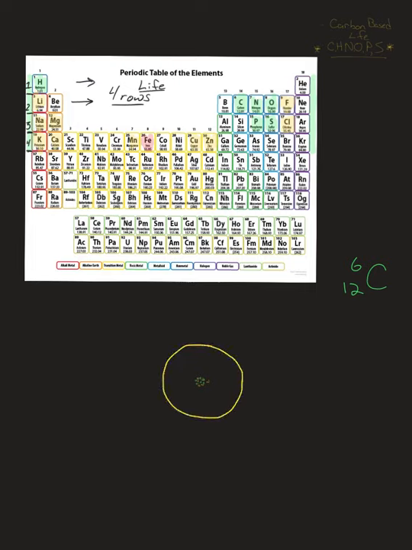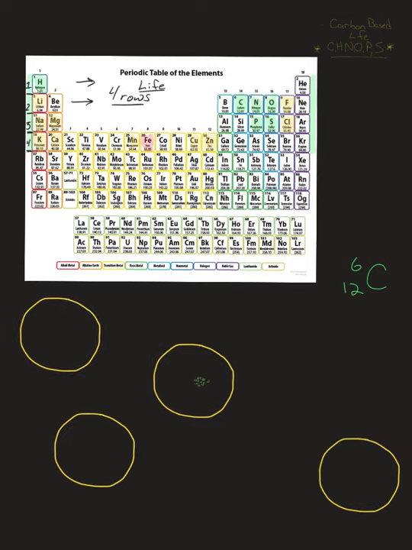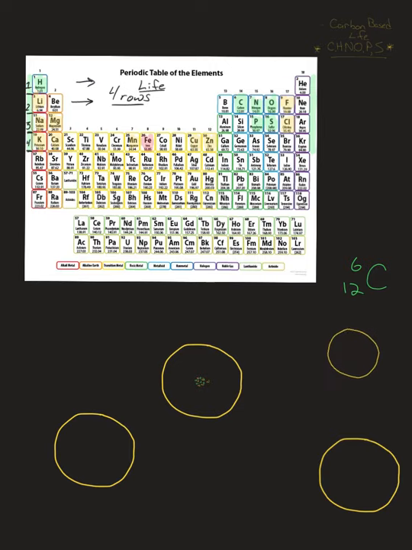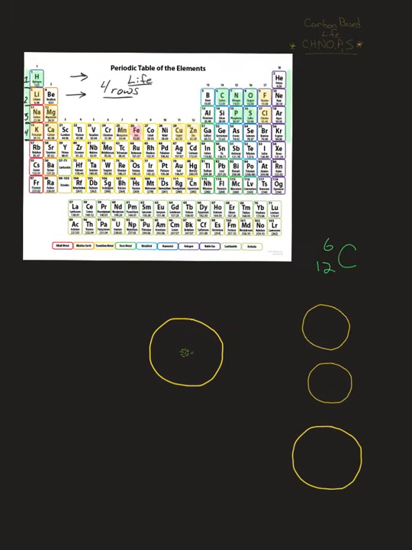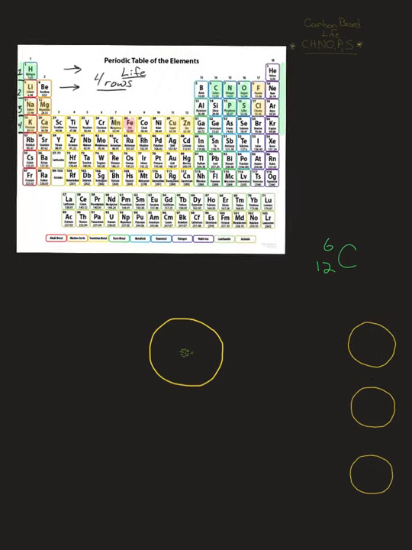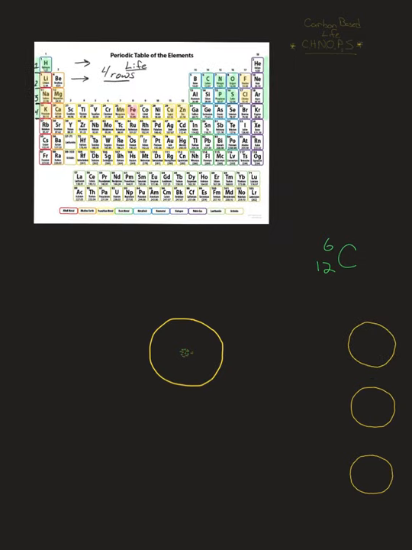We do draw it that way in a sense, the way I just drew it, but it's different in the sense that these are not distinct and predictable paths. In fact, they're just regions of probability. I know you don't understand that, but just try not to think of this as a satellite going around the planet per se.